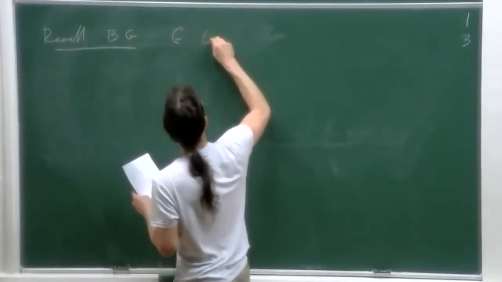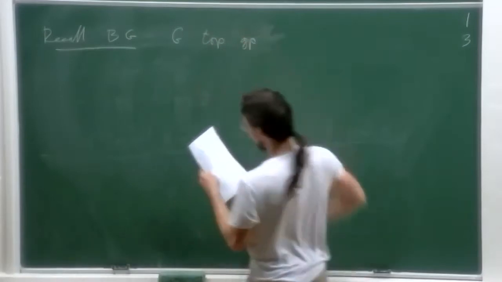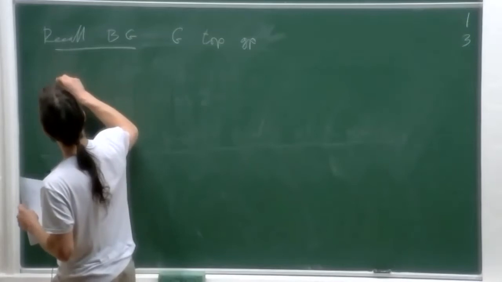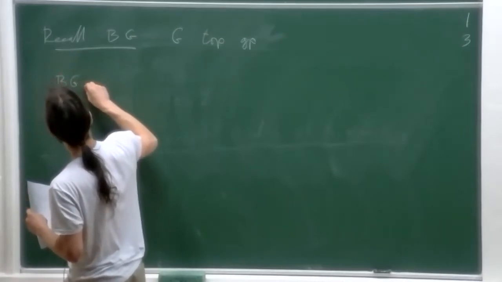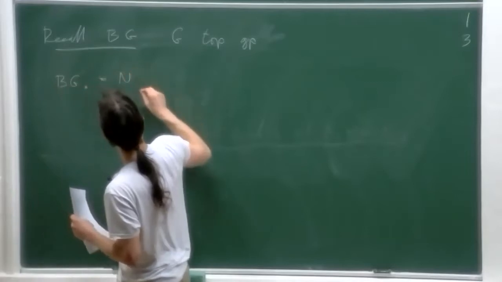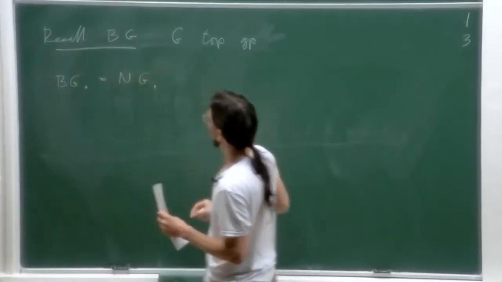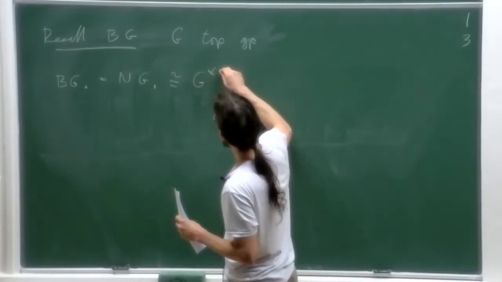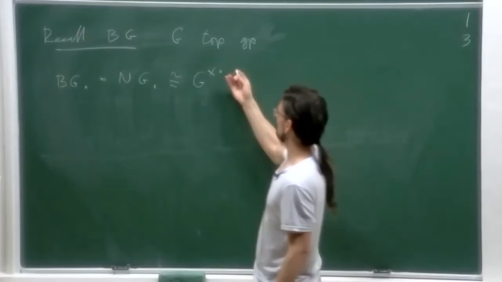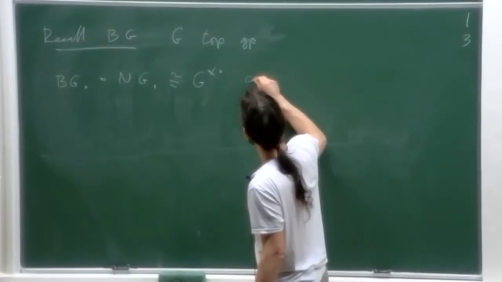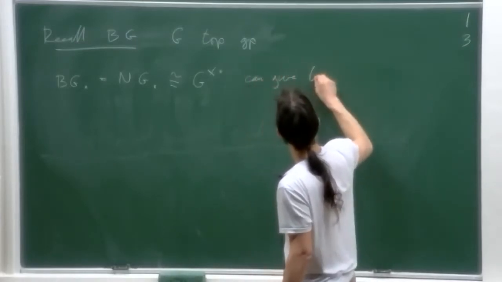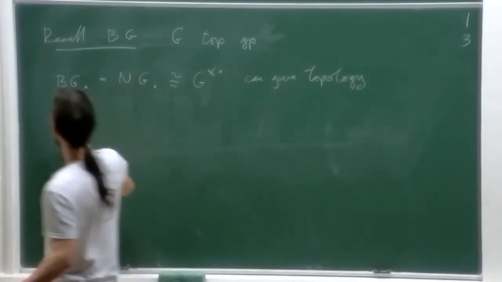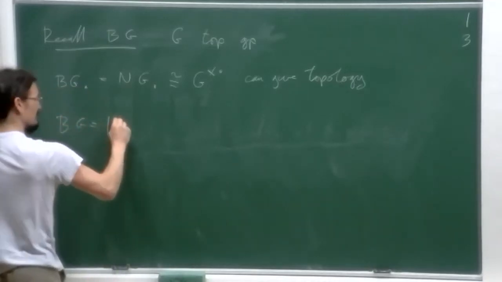Now if G is a topological group, then you take the simplicial space BG to be the nerve of G, as I was talking about. On simplices, these are just powers of G, so because of this, you can give them a topology.